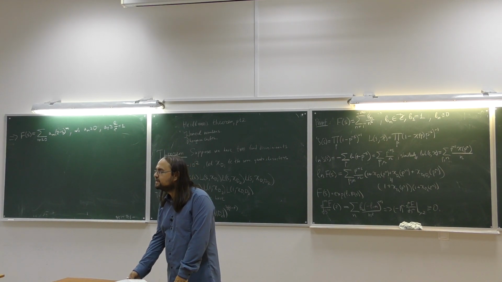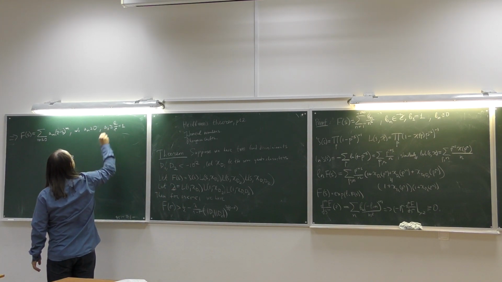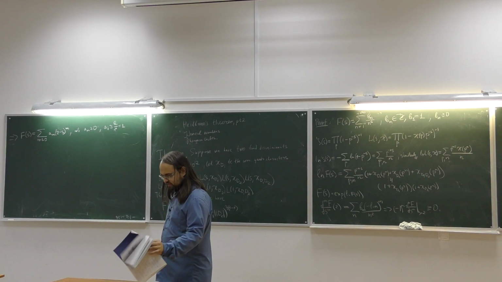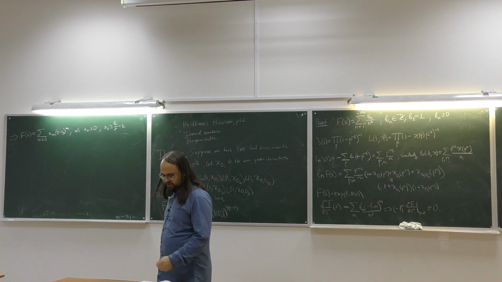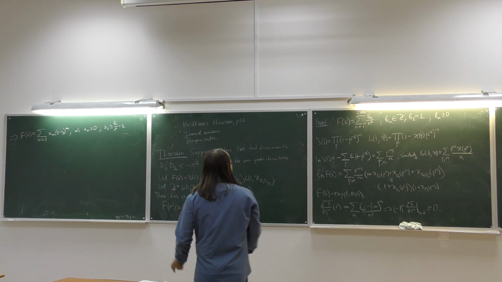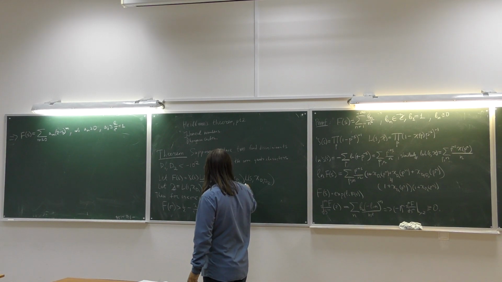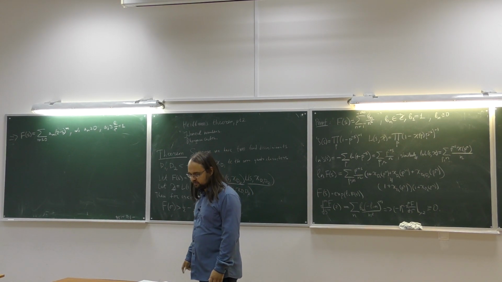Ah, sorry, not a1, a0. So f of s is actually meromorphic, and the only pole of this function is at s equals 1. This is because of the fact that L functions are holomorphic and zeta is meromorphic.